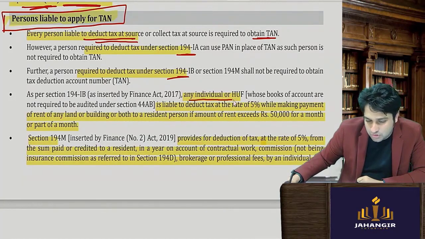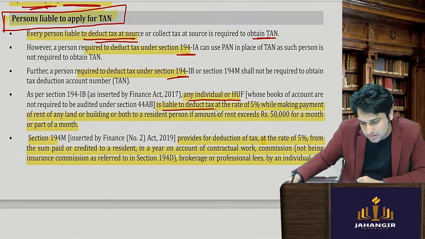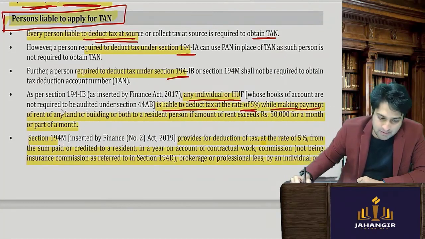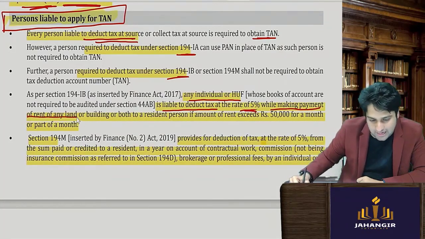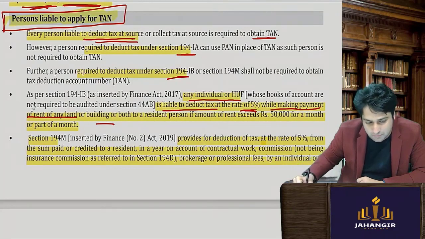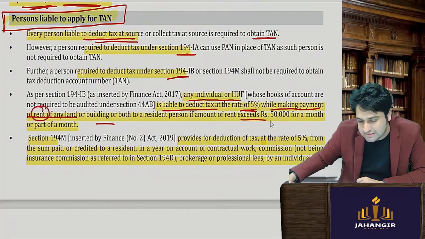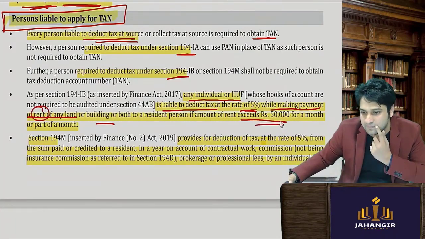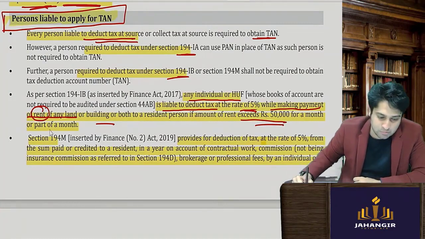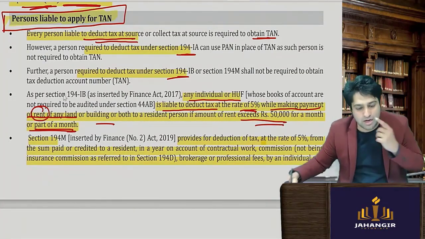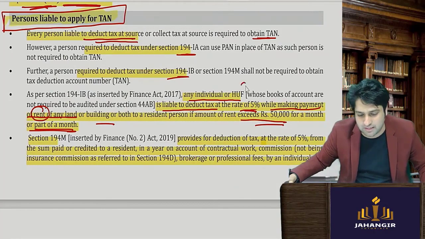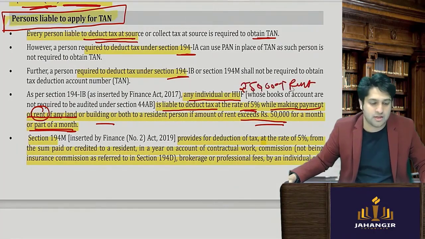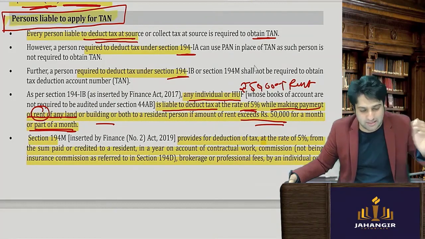Any individual or HUF is liable to deduct tax at a rate of 5% while making the payment of rent of any land or building. So whenever they are making payment of rent exceeding 50,000 rupees for a month, if they are giving 50,000 rupees of rent, then tax has to be deducted.